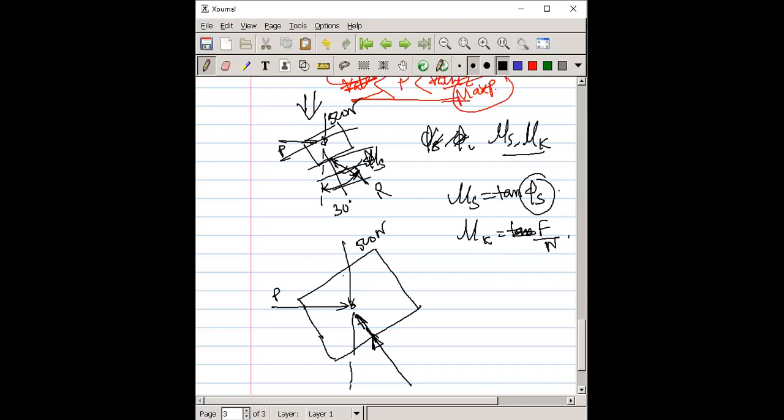I think it is better to show the arrow here, not here. And this angle is denoted as phi s, and this angle is denoted as... how can I show you this angle here?